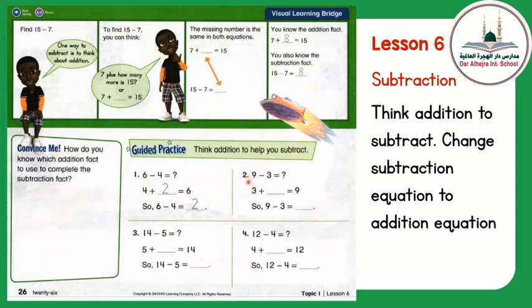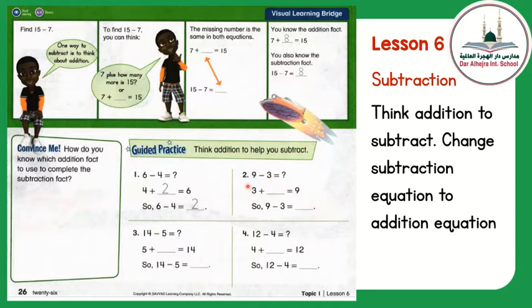For example, I can see here 9 minus 3 equals something. I know 9 is the greater number. I'm going to grab 9 and place it after the equals sign, and the smaller number goes before the plus. Here I have converted it from a minus equation into a plus equation. So 9 minus 3 equals something can be converted into 3 plus something equals 9. This is how I can think of addition to subtract.